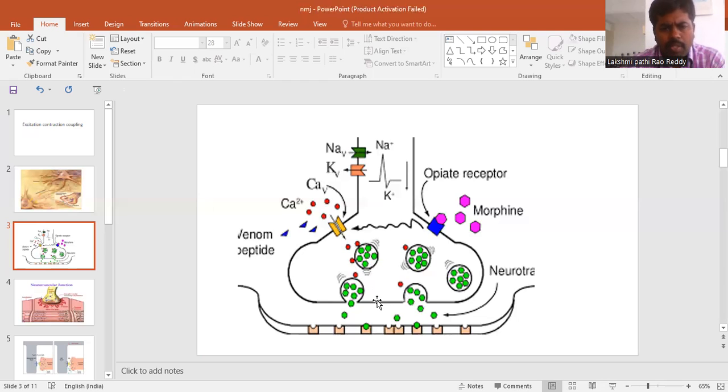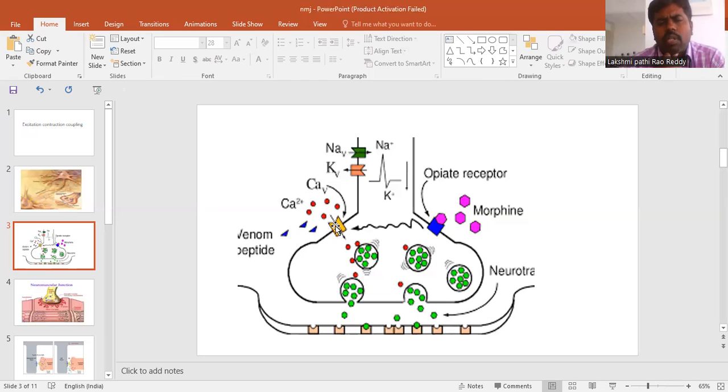The calcium ions then break these vesicles and cause release of neurotransmitters.